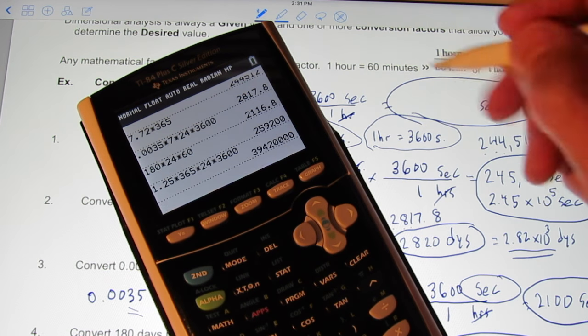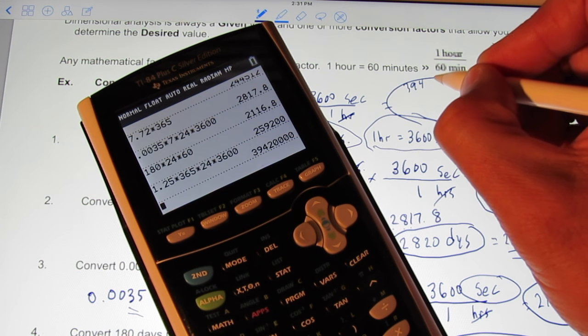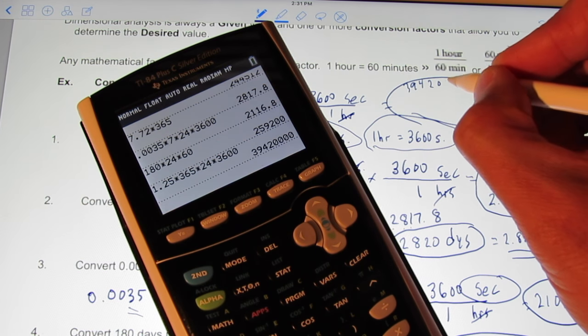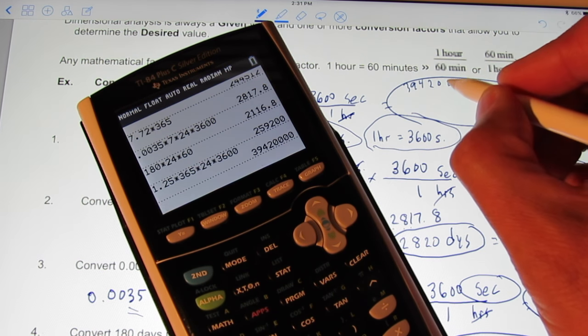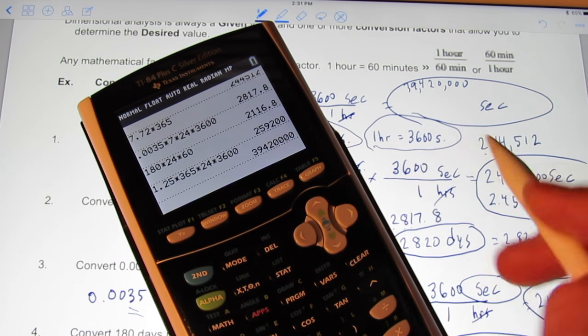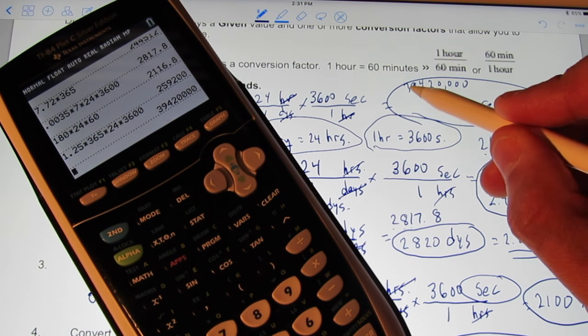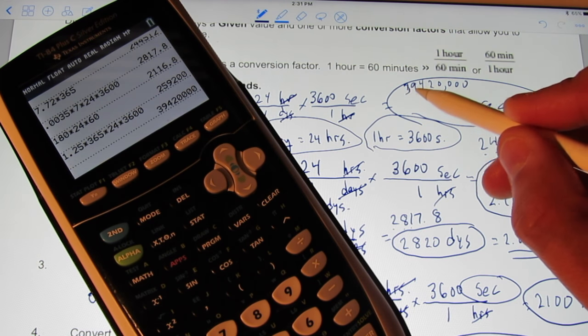Now my calculator has the answer, let's see, 394,200,000. Boy, that's a big number. So let's round that off to 3 significant figures. So I'll count over 3 positions. 1, 2, 3.